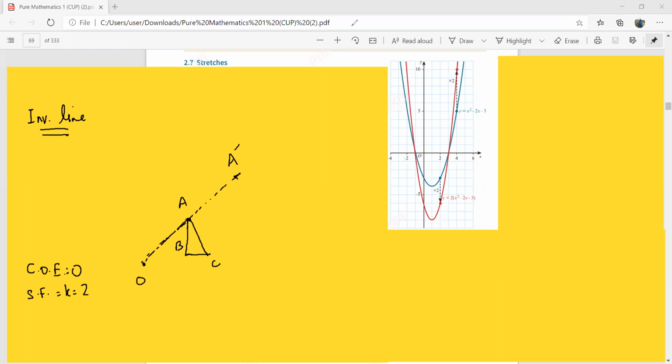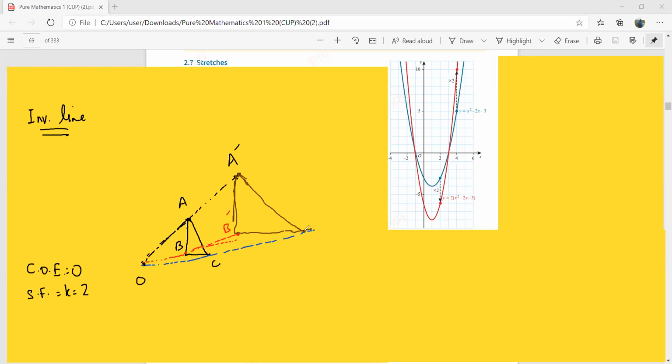Similarly, if your B is situated, let's say this is 1.5, then in the same direction you will have, at twice the distance of OB, this OB dash. And similarly, whatever the distance of C is from here, it is going to be over here. So the enlarged image of this triangle is going to be somewhere here.